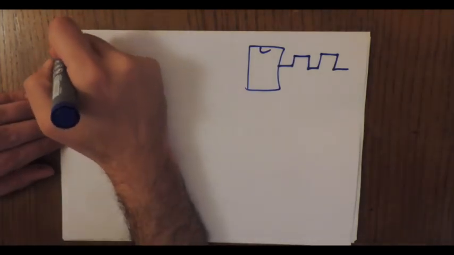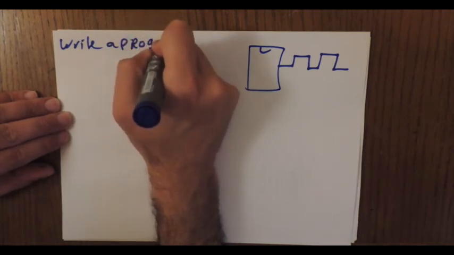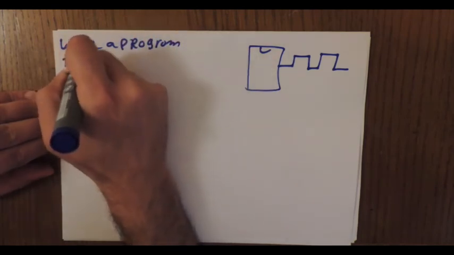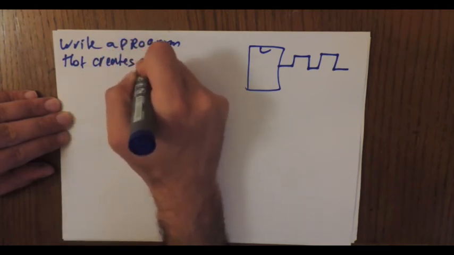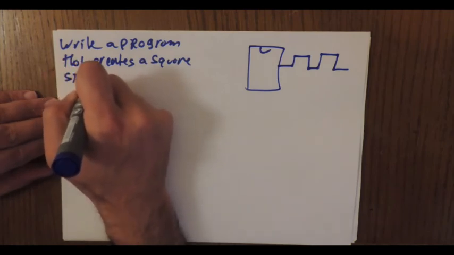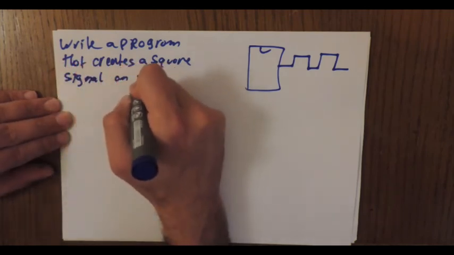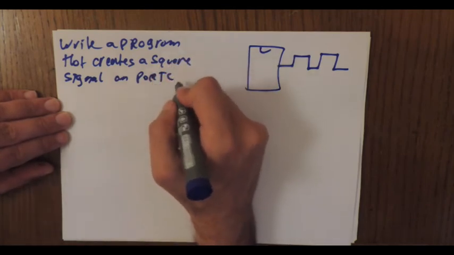So write a program that creates a square signal on port C bit 0.